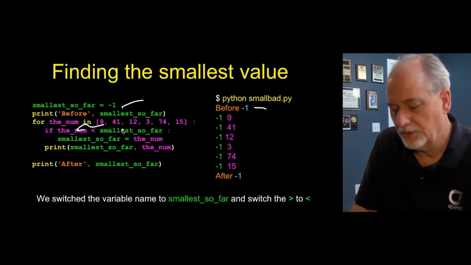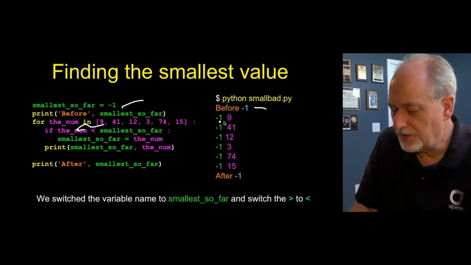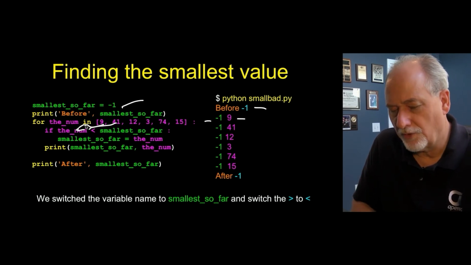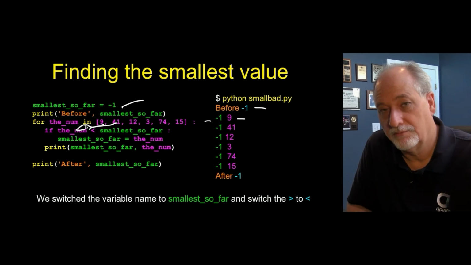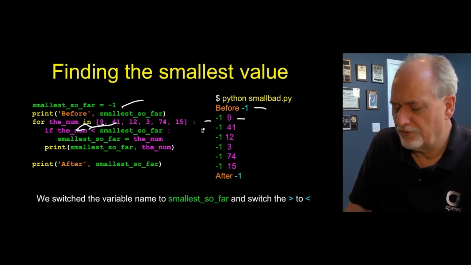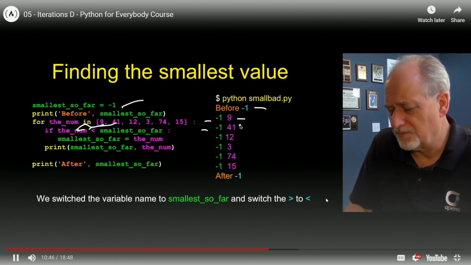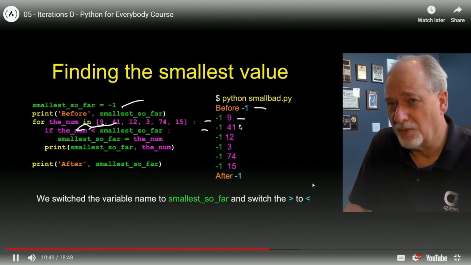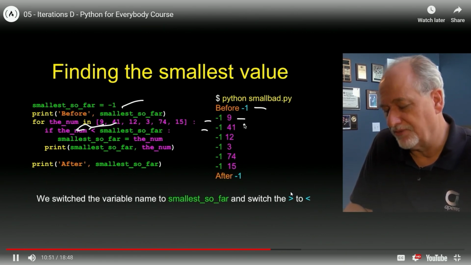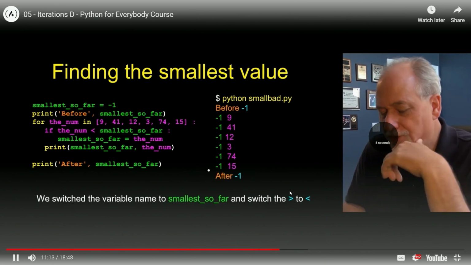No, it's not. So after we see a 9, the smallest so far is -1. Now we're going to run 41. Is 41 less than -1? No, it is not. As a matter of fact, -1 isn't the smallest so far anymore. Just because we named it smallest so far doesn't mean it is the smallest so far.